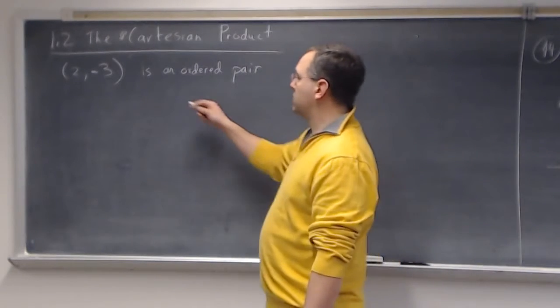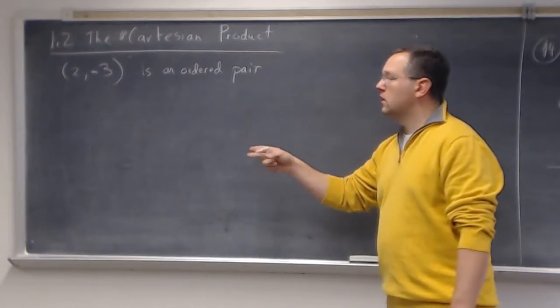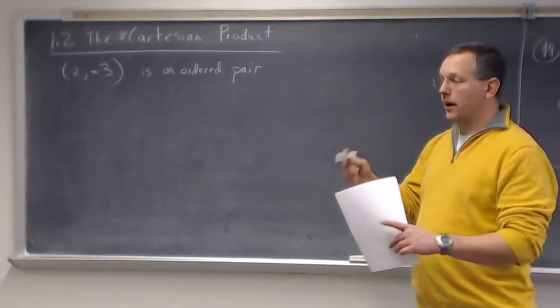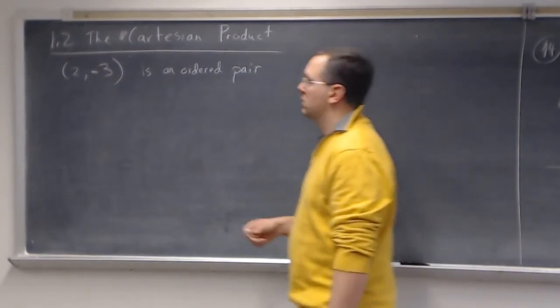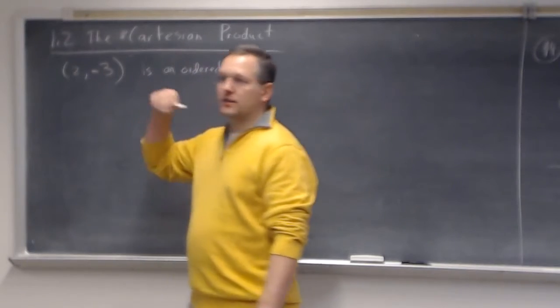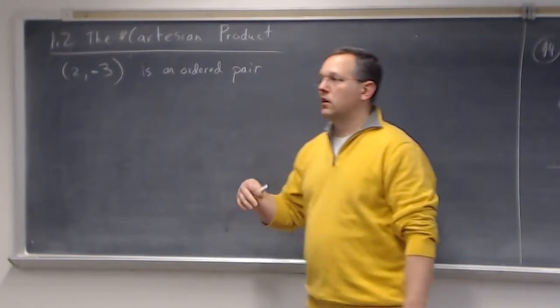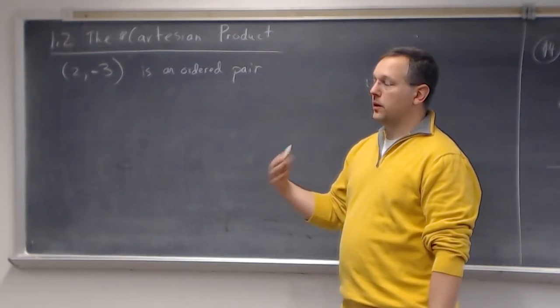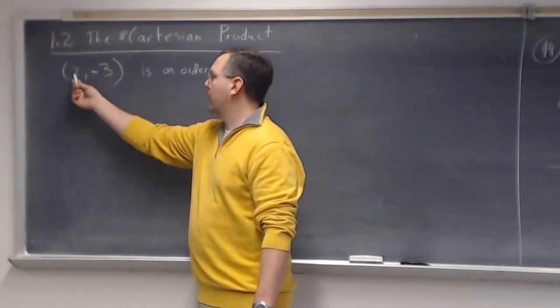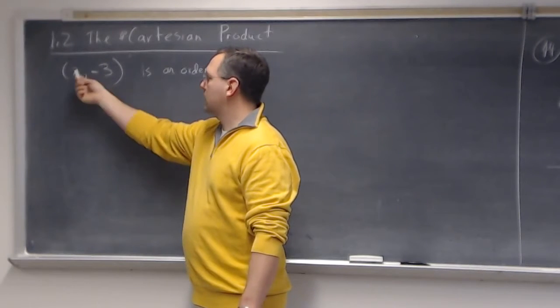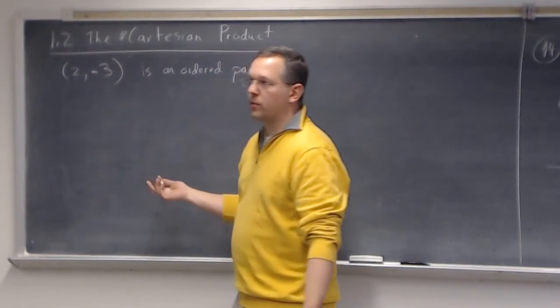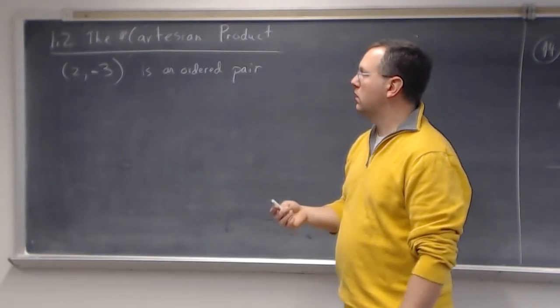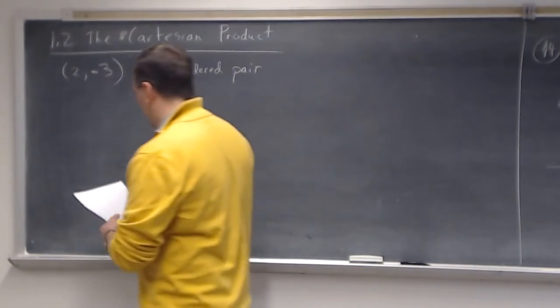So an ordered pair is basically a list of 2 things, separated by a comma and surrounded by parentheses. We saw that sets could have anything in them. You could have a set be an element of another set. If you have any object, it could be an element. For ordered pairs, it just has to be 2 things. The most common ordered pairs we see are points in the plane.